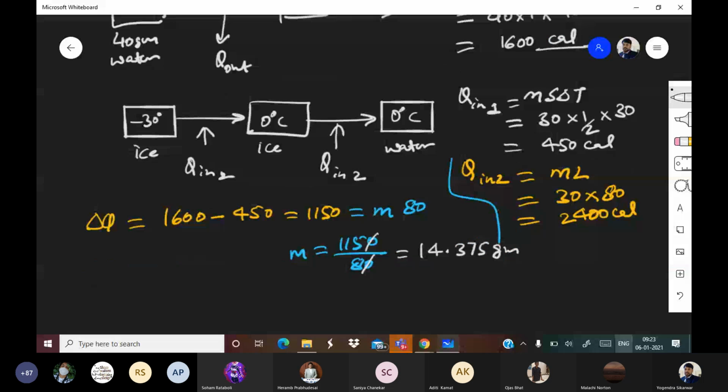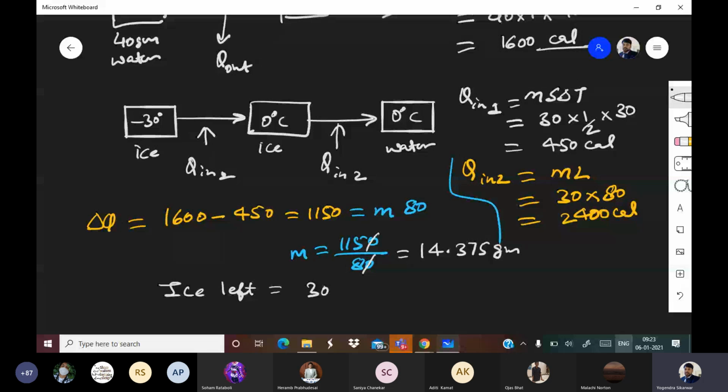So ice left will be 30 minus 14.375 basically, and that comes out to be 15.625. So this much gram of ice is left.